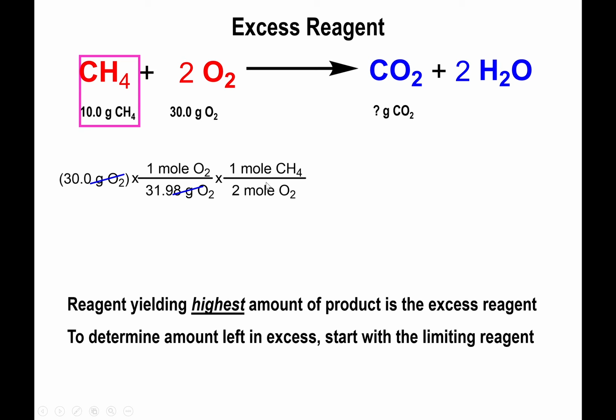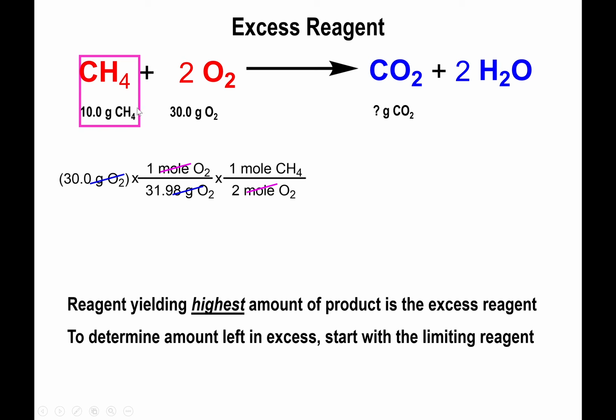And since we have O2 on the bottom, to cancel out the moles of O2 on top, the number 2 placeholder has to be down there. Alright, so canceling out the moles of O2, this now leads us to the moles of CH4.